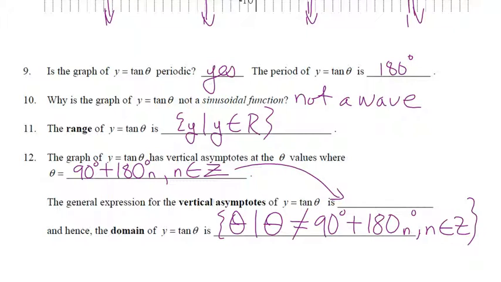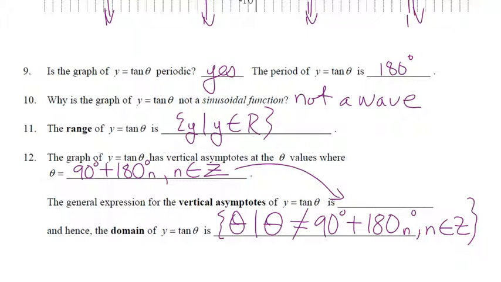Where the asymptotes are is where the domain is not. Where there is an asymptote, it is not a valid value of the domain. So the domain is where theta is not equal to 90 plus 180n, where n belongs to the Z.